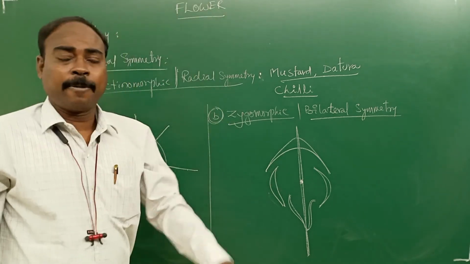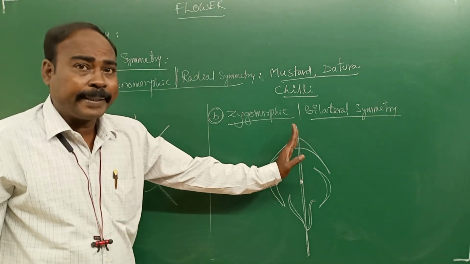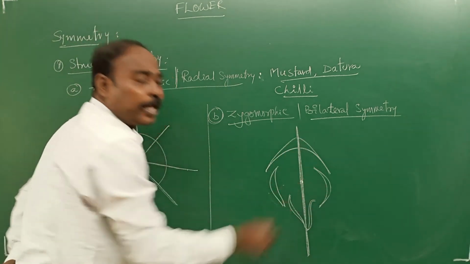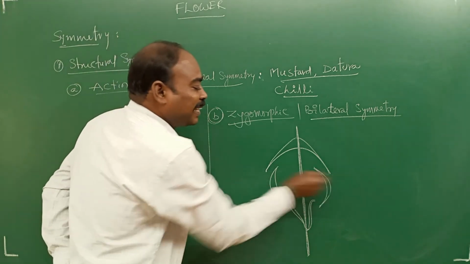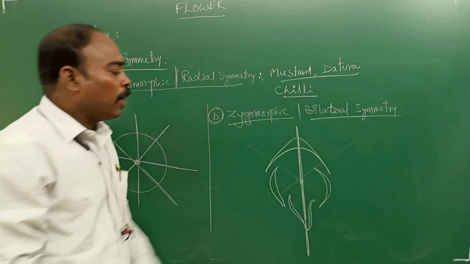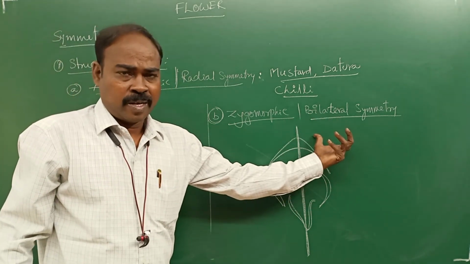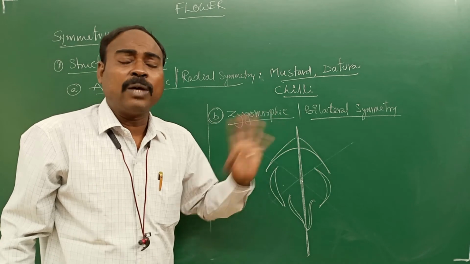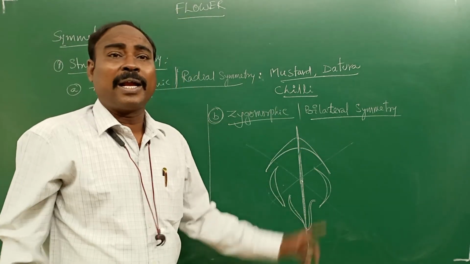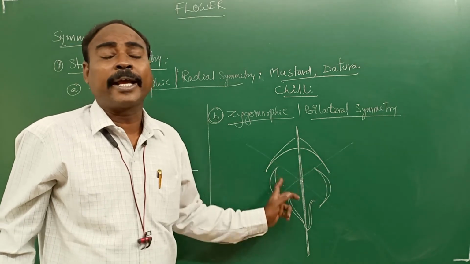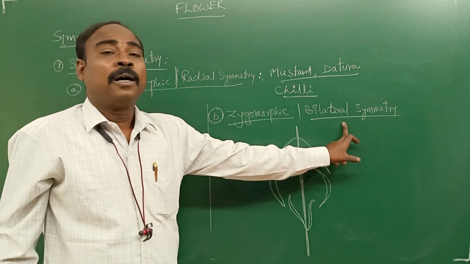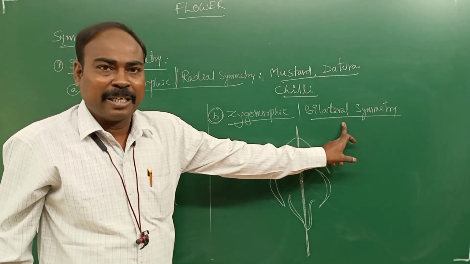Only one vertical plane. So if we cut a flower in one vertical plane it gives two equal halves, but if you cut like this, it cannot give. In any other planes, it cannot give equal halves. Only in one vertical plane. Such flowers are said to be zygomorphic flowers. The symmetry is said to be bilateral symmetry.